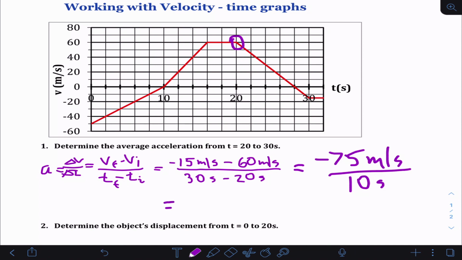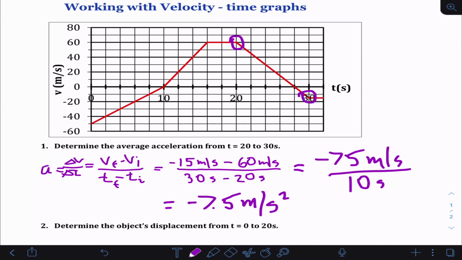So the average acceleration, now watch the units here, is negative 7.5. This is a meter per second squared because you have a meter per second divided by a second. That is the correct unit for acceleration. We are moving from a positive velocity to a negative velocity, so we're going to have a negative acceleration rate. That's how you do the first one.